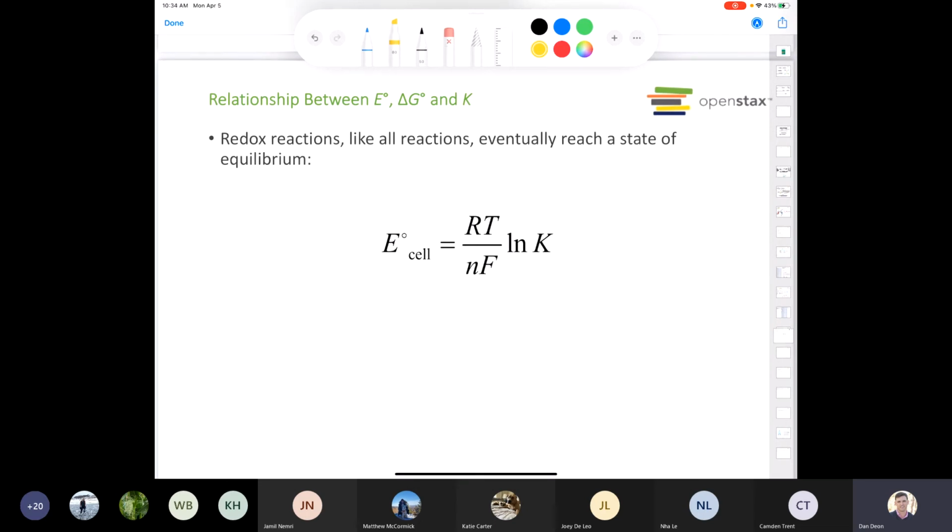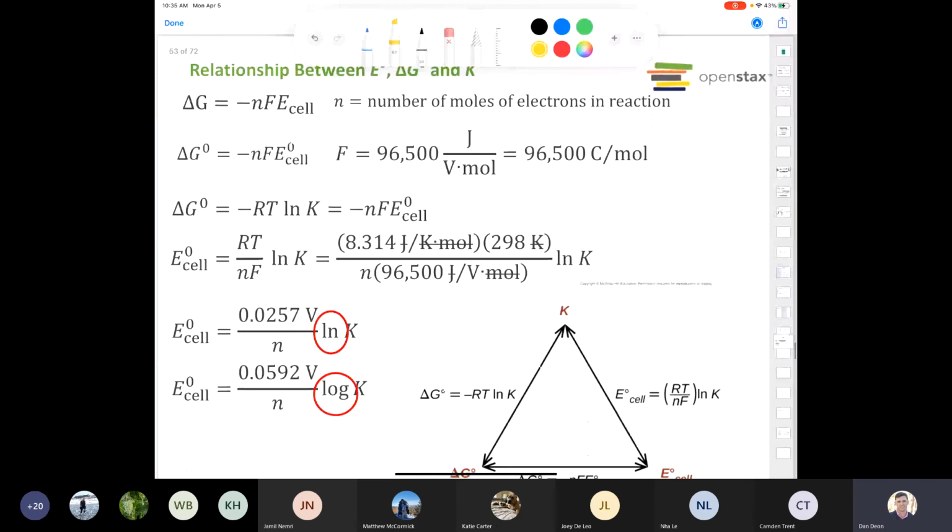Well, let me show you a treatment of how we get this equation and how we can have a simplified form, and how we can have more than one simplified form, because a student actually sent me an email about this. Let me show you something kind of quickly here.